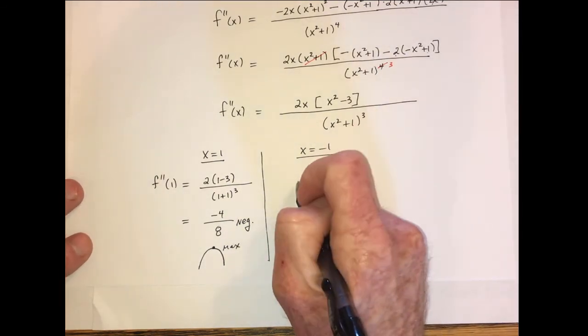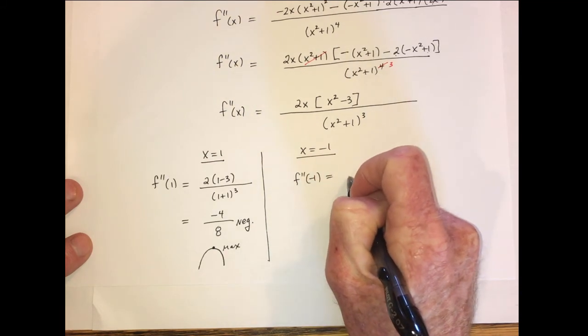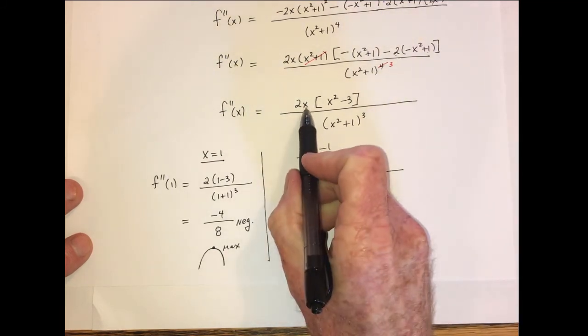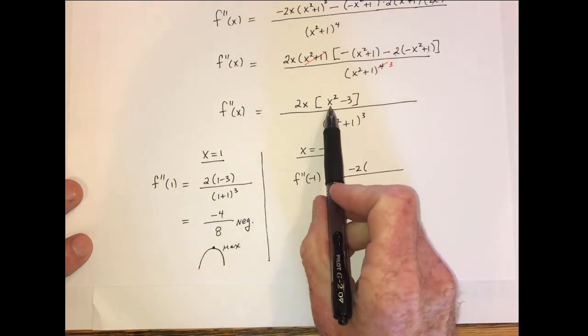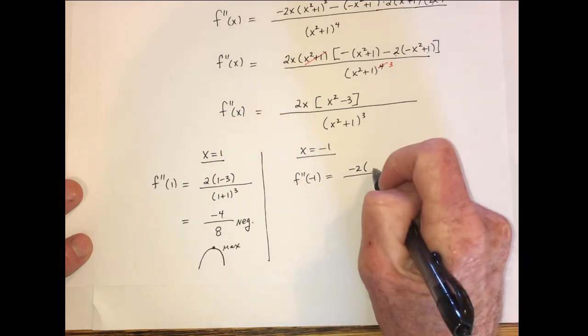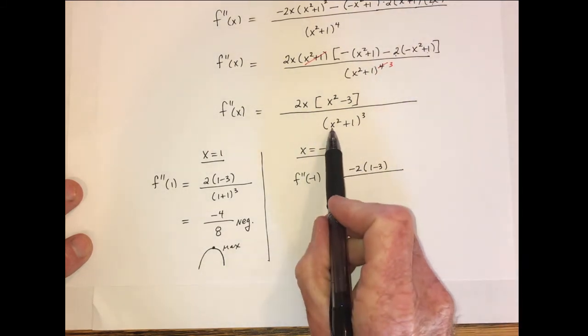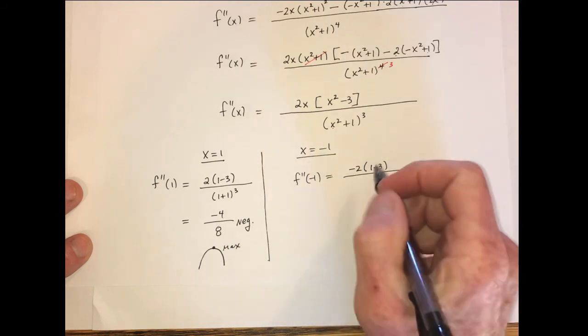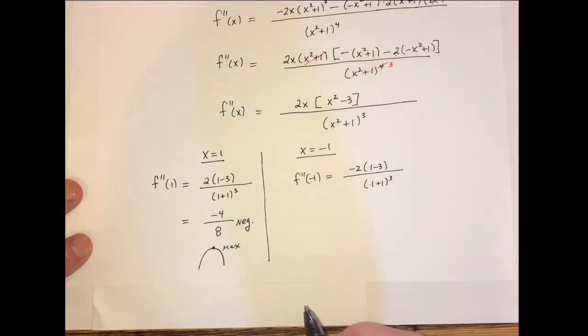Then using the negative 1, so the second derivative, when you plug in a negative 1, that's going to make this a negative 2. When you square a negative 1, it's still positive 1, so this is going to be 1 minus 3. And when you square a negative 1, that's still going to be positive 1, so the bottom is still going to have 1 plus 1 cubed.